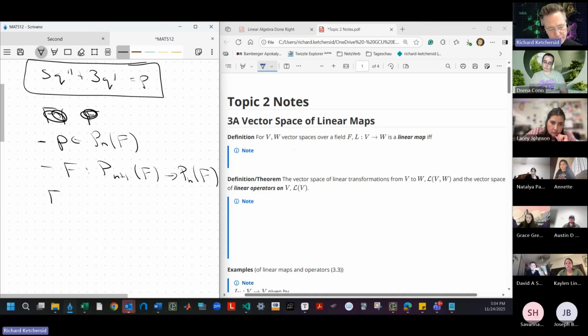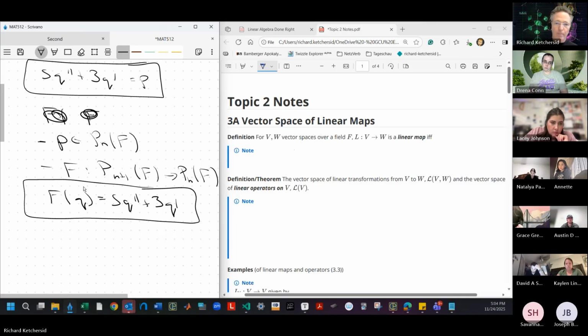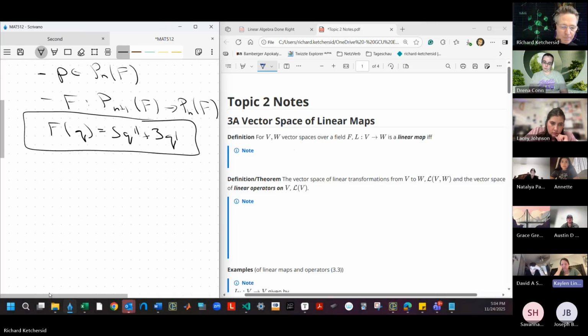And what it's going to do is just implement that function there. f of q is equal to 5q double prime plus 3q prime, right? Okay, so is that a linear function? How do we show it's a linear function? This is just a good place to start anyway. So what would I need to do to show that this is a linear function?